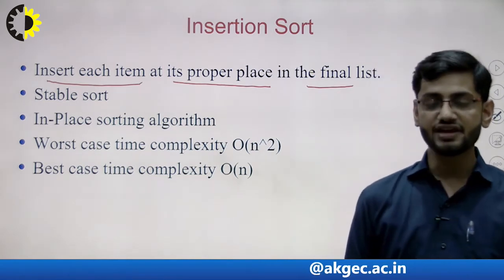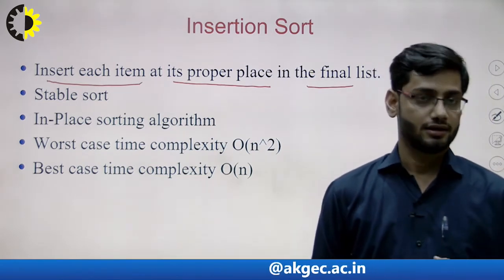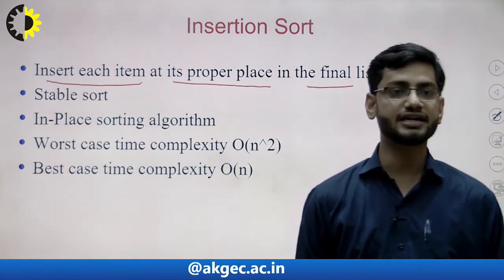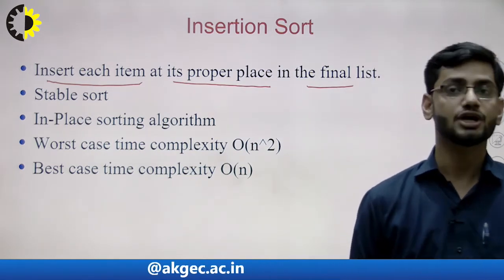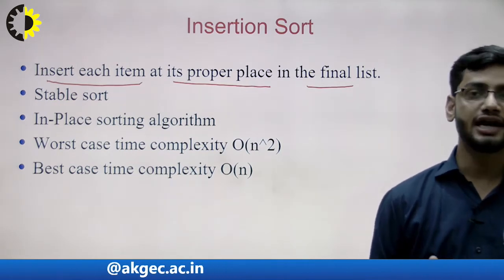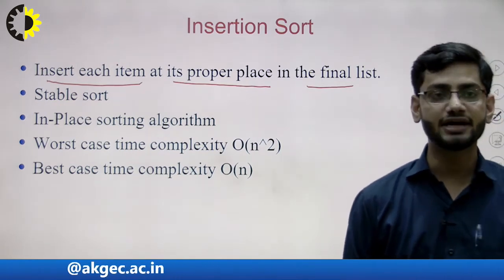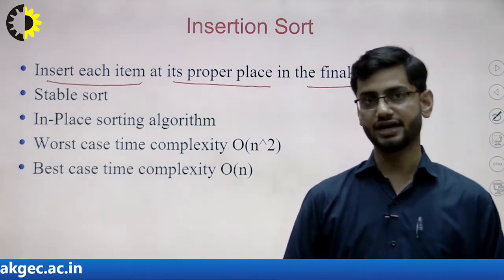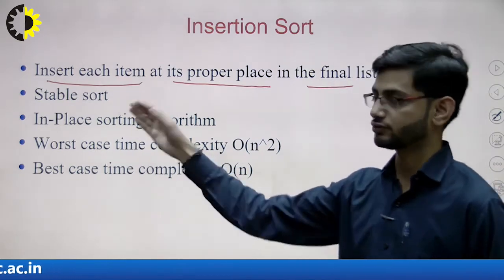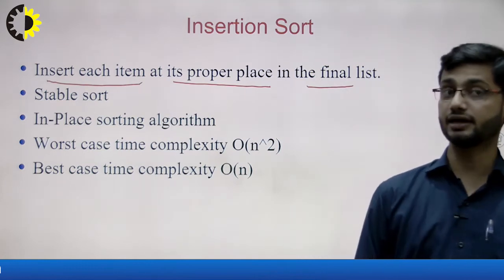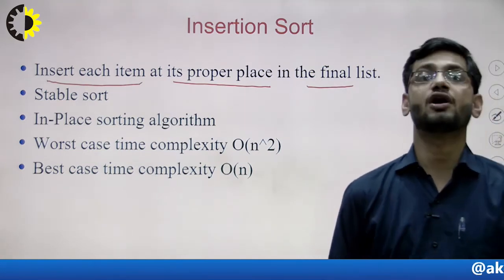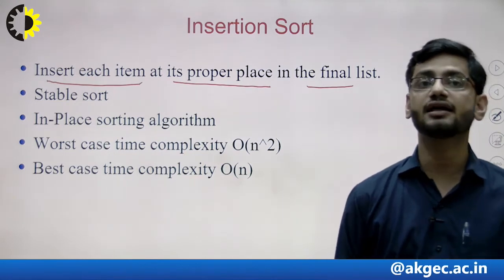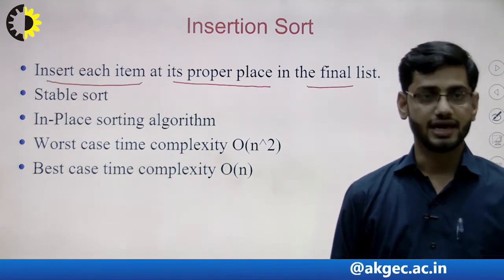If we have duplicate entries in the array, meaning one element is occurring 2 times, 3 times, then the relative order of the duplicate elements in the output array should be the same as in the input array. So this is stable sort.